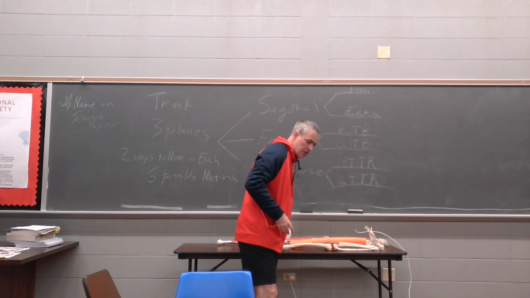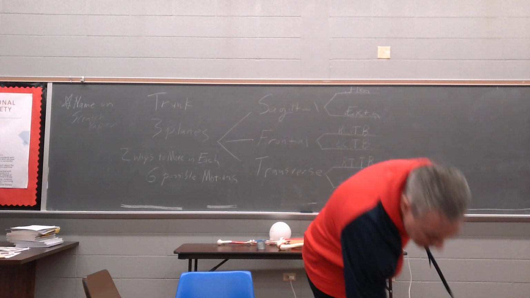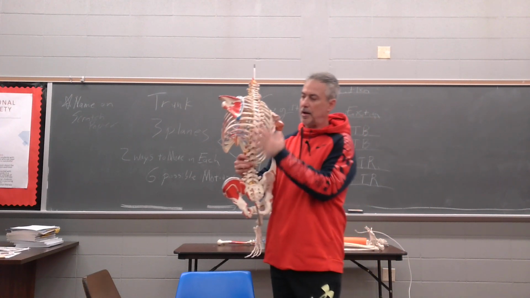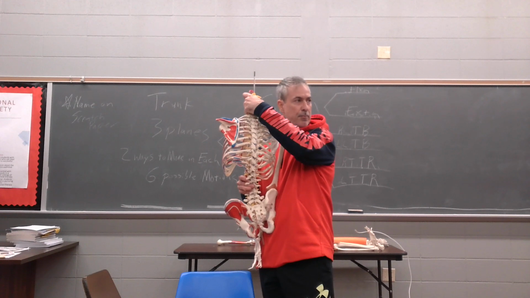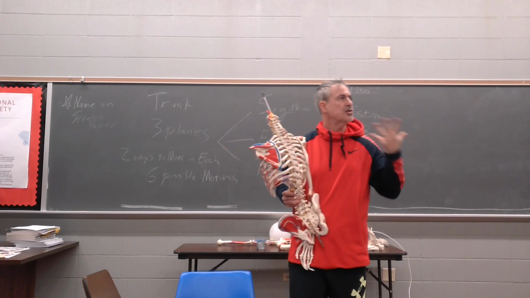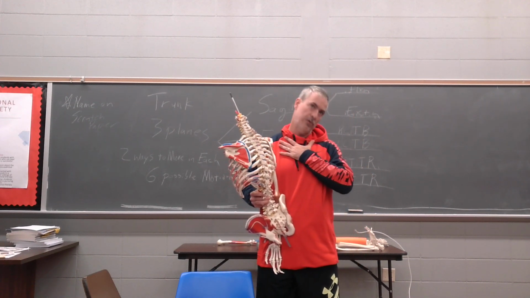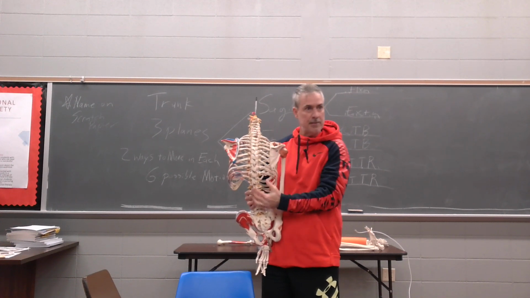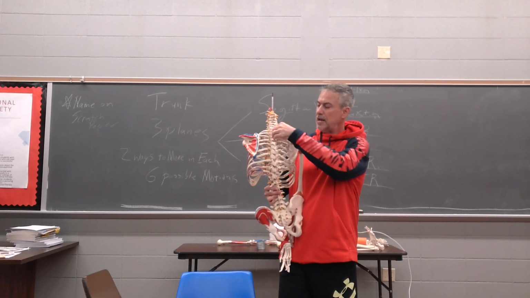Now, defining what the trunk is, you have vertebrae on the bottom, in the middle, and on the top. The top one is cervical, and we call them cervical because literally when you move your neck, it's only your cervical vertebrae that are moving. But it's all part of the same skyscraper. Then you have ribs.